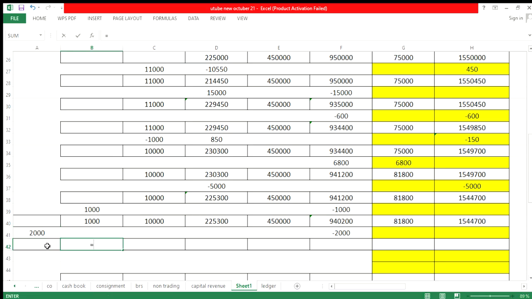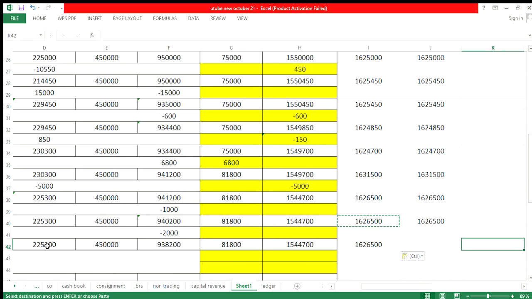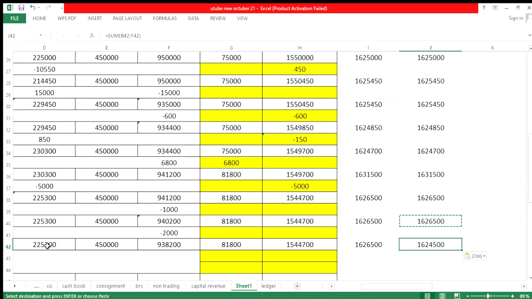Finally, we have completed entry. Let's take some. And finally, sum of both sides just to check. 1626500, and here another column is needed to be added.